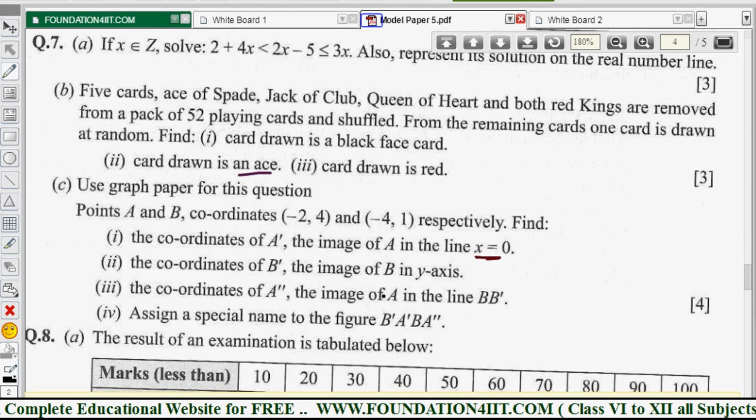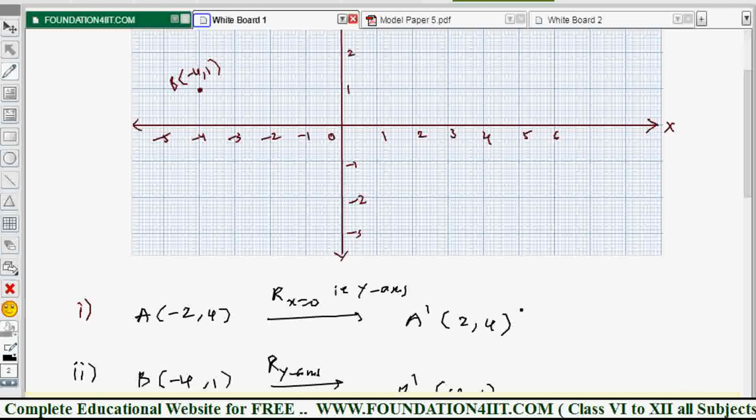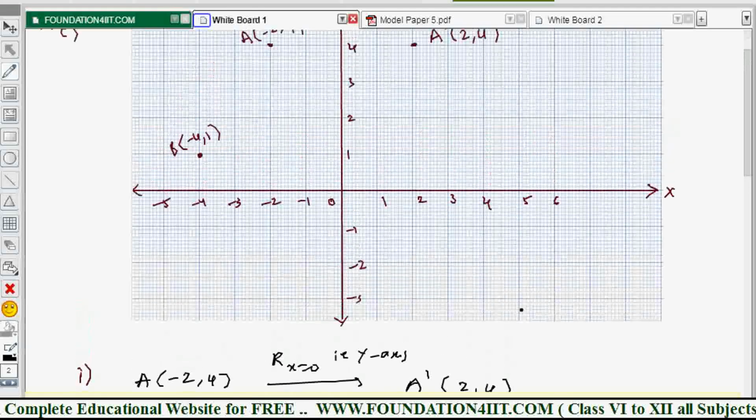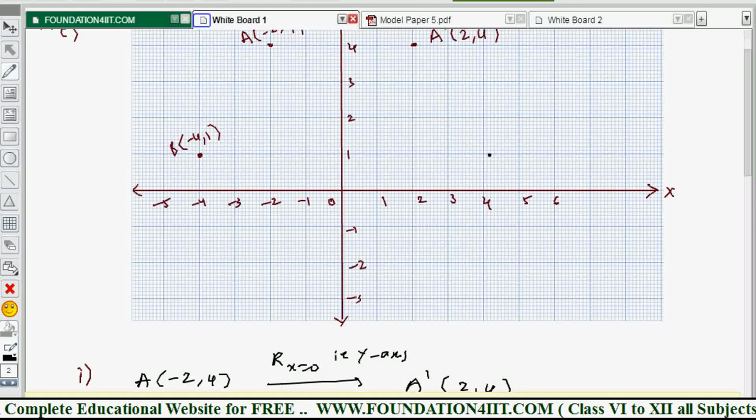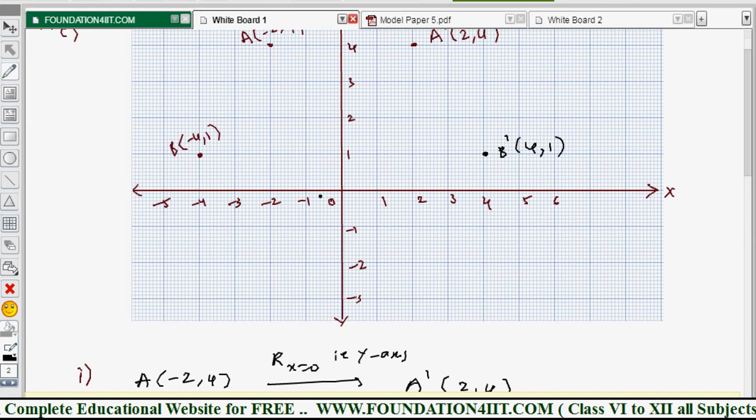So we take the line BB dash first. B dash is 4, 1. B is minus 4, 1, and B dash is plus 4, 1. If we take this line, it is parallel to the x-axis, that is y equals 1, because it passes through 1.